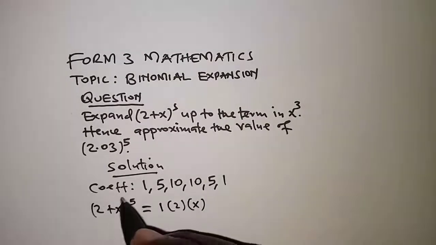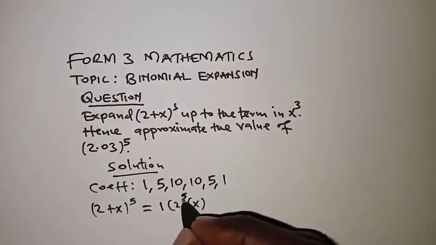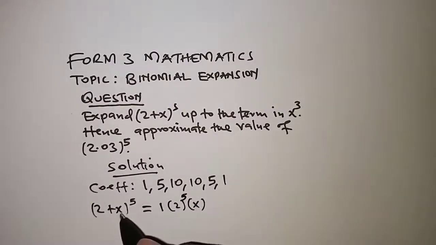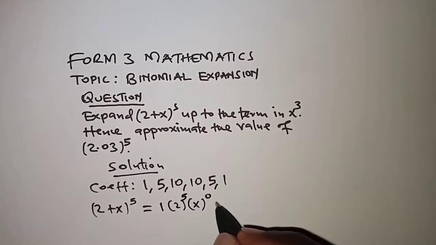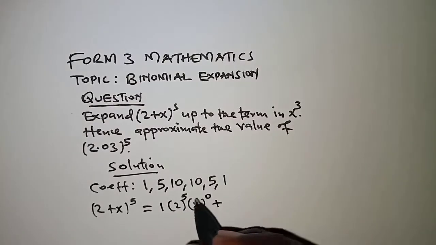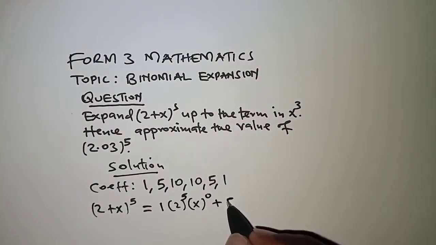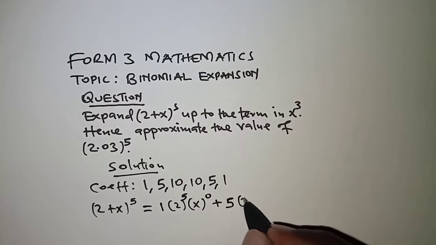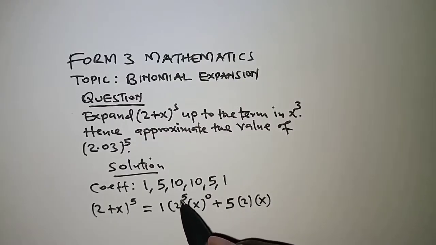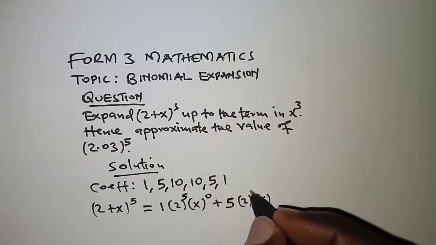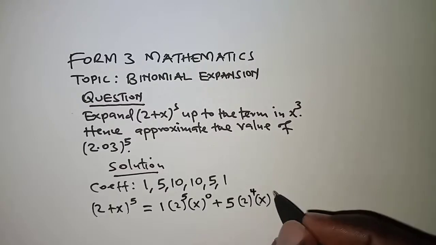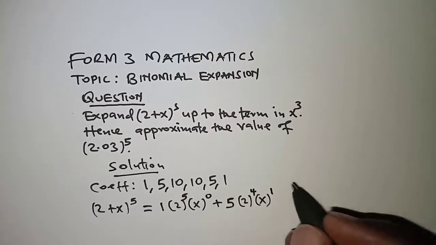So 2 begins with the highest power, which is 5, and for x, the second term begins with the lowest power, which is 0, and then we move to the next term, 5 into 2 and x again, but here the power reduces for 2 so that we have 4, and for x it increases.